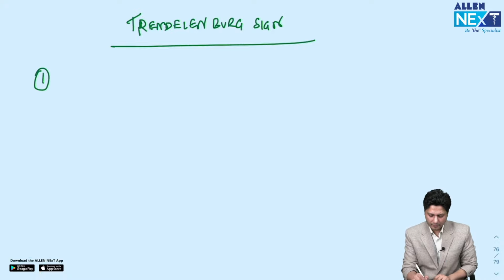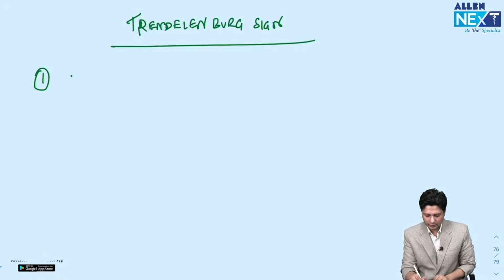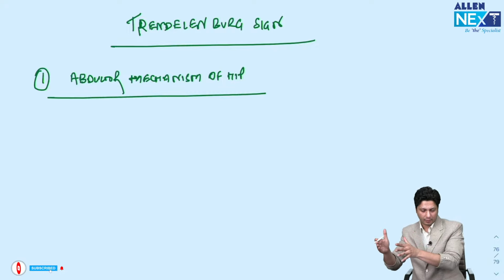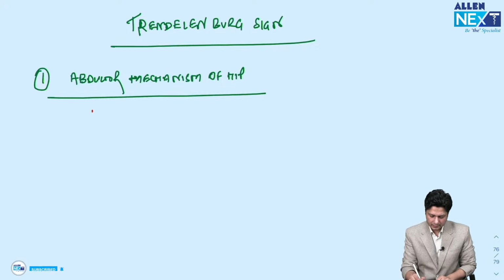So for the Trendelenburg sign, it is important first to understand the components of the abductor mechanism of the hip joint. There are two muscles, gluteus medius and gluteus minimus.